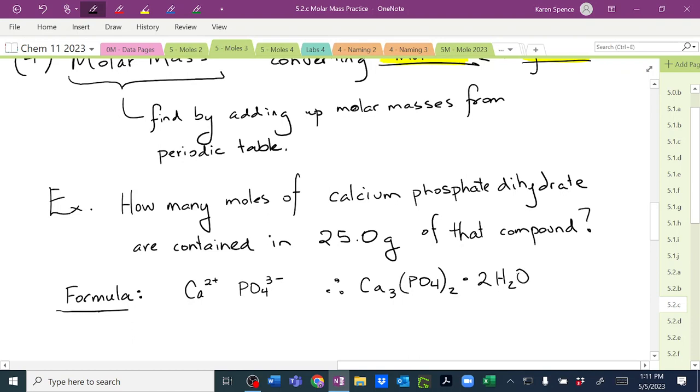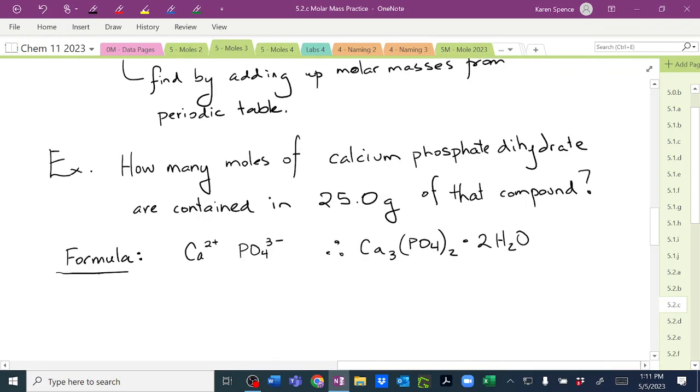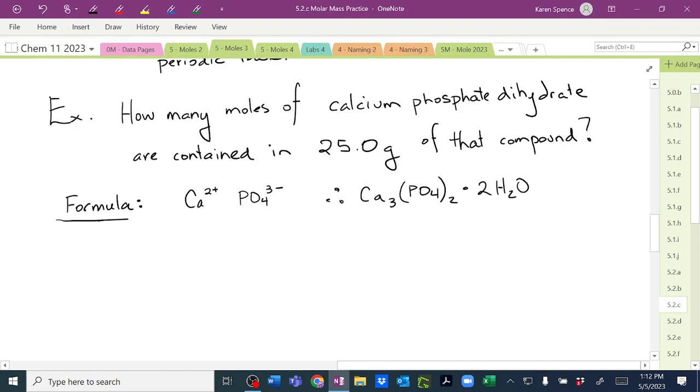Now, this is kind of nasty, okay, in terms of just sorting out all the things. So for this one, I'm going to write out that how many calcium do I have? I have 3 calcium. How many phosphorus do I have?